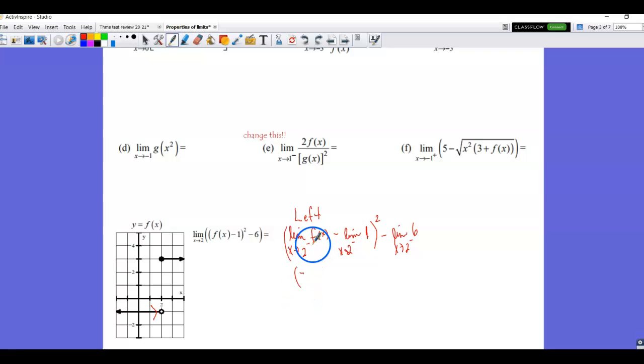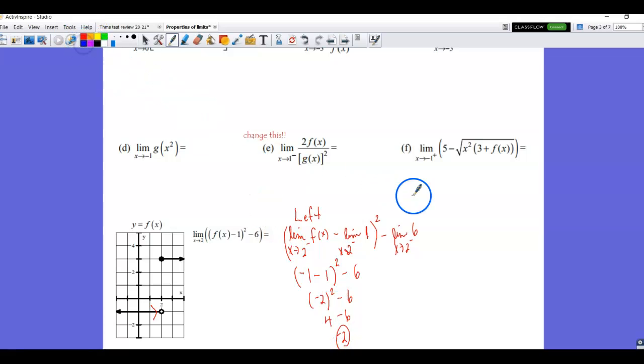That's the y value being approached there, minus the limit as x approaches 2 from the left of 1, which is 1, and then we're going to square that, minus the limit as x approaches 2 from the left of the constant 6, which is certainly going to be 6. So that gives us -1 minus 1 squared, which is 4, minus 6, which is -2.